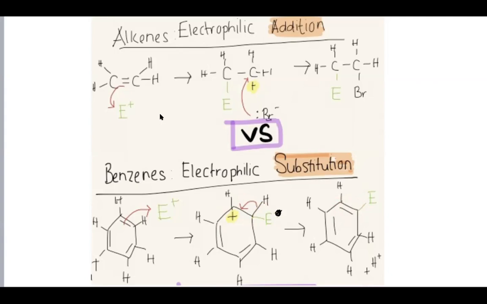Okay, so that's the only difference, right? The positive carbon in alkene is stabilized by an external nucleophile. But in your benzene, this positive carbon is stabilized by breaking the carbon-hydrogen bond. Remember that in your benzene ring, there could only be one atom or one bond hanging off each carbon of the ring.